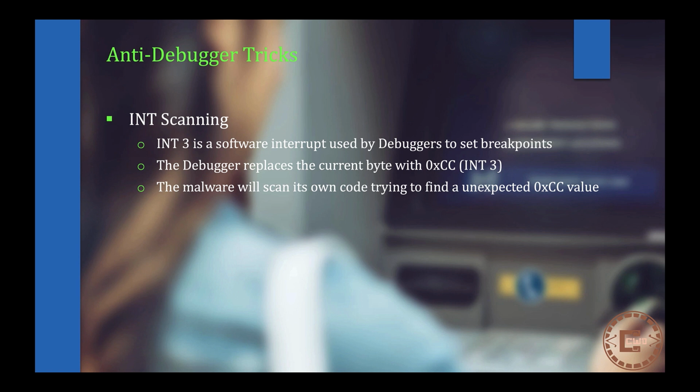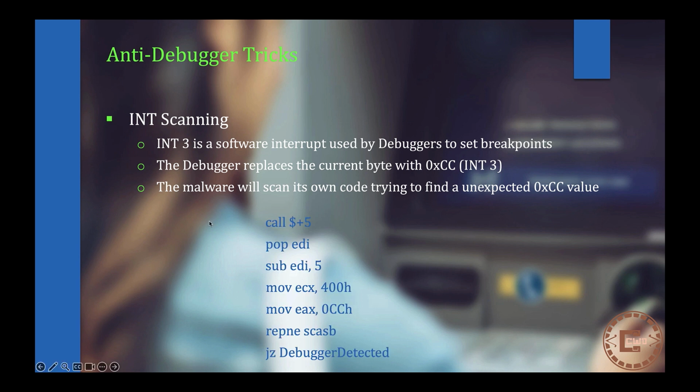At a specific offset, there is an FE hexadecimal value. When you set the breakpoint, the debugger is going to override that FE with CC so that it can set a breakpoint and stop at that instruction, okay? So that's what the debugger does. When the malware runs, it says, hey, wait a minute, let me check if someone put a breakpoint, meaning a CC value, and then they will find there is a debugger being used, okay?